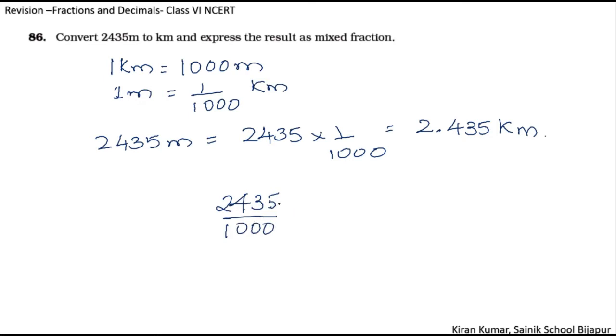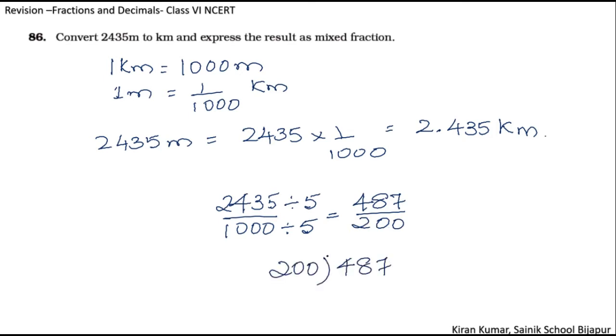Both these numbers are divisible by 5. So first let me divide. We get 487 upon 200. Now to express in a mixed fraction, let's divide in a long division method.